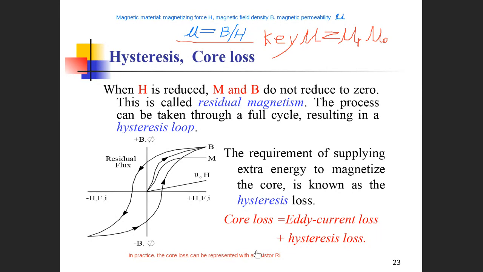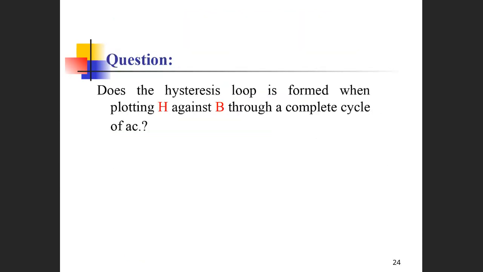So the core losses also can be represented by using a resistance Ri, or R core, RC. Anyway, you can use one resistor to represent the core losses in the electric circuit, which we will talk about in the next chapters. That's the hysteresis losses.